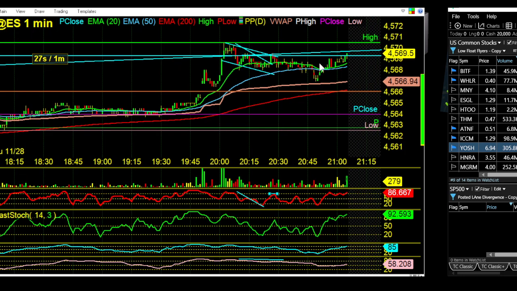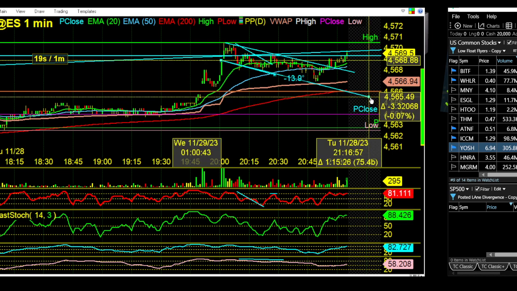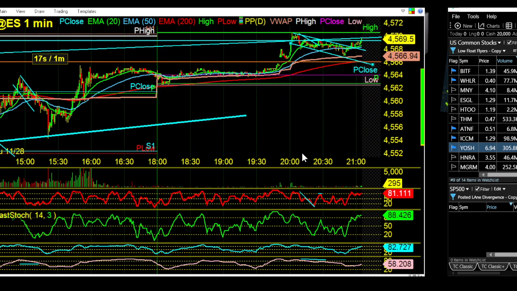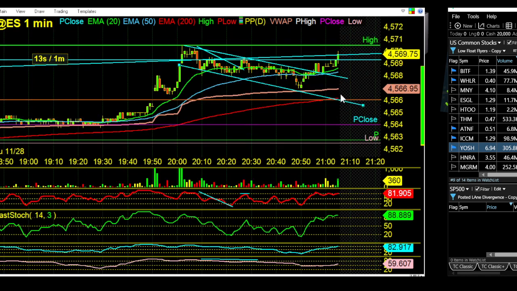Market here, nice bounce. I recall that flag was right on. Overall, the trend is up. Looks good.